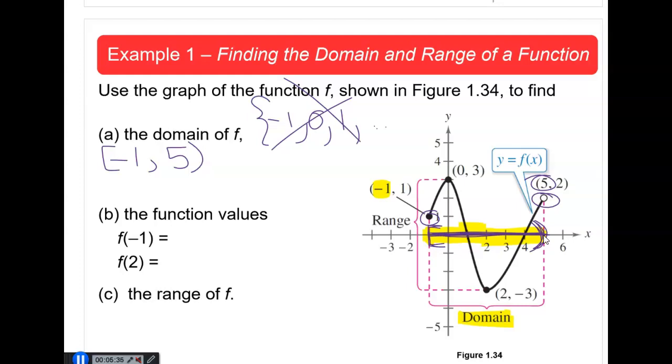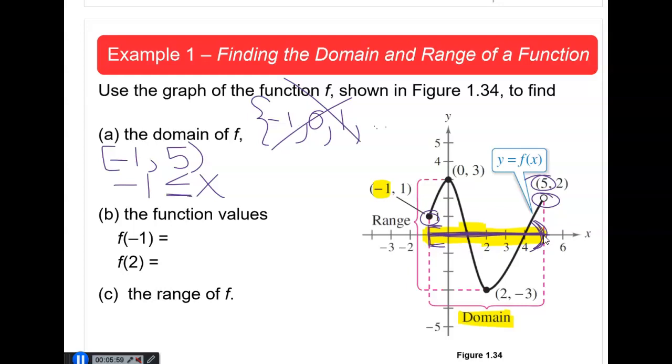If we had to give our answer as a set or as an inequality, it will be all the x values that are greater than or equal to -1.